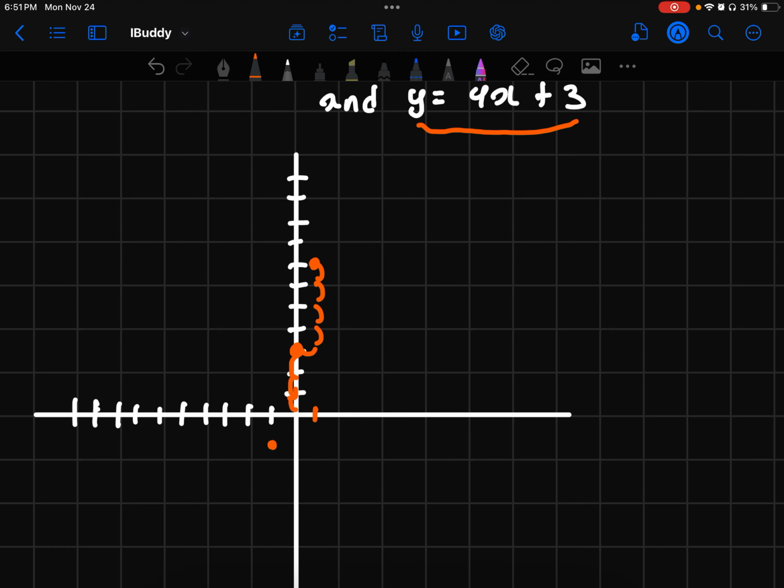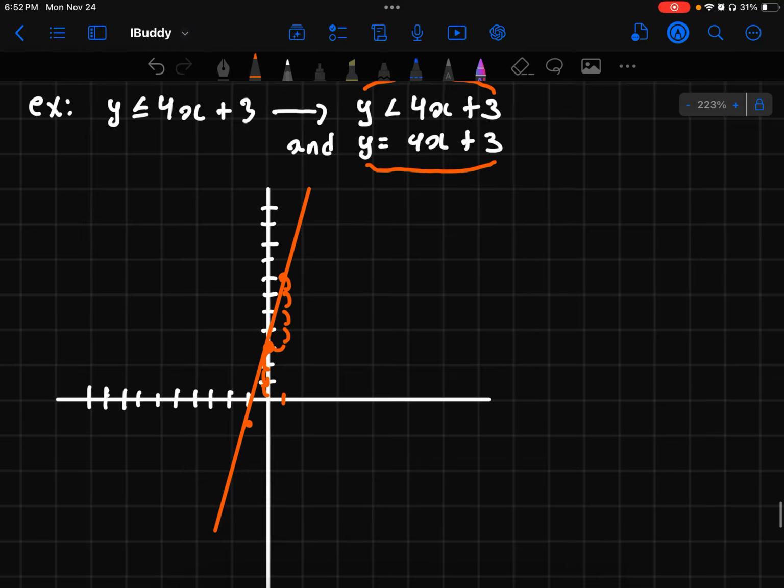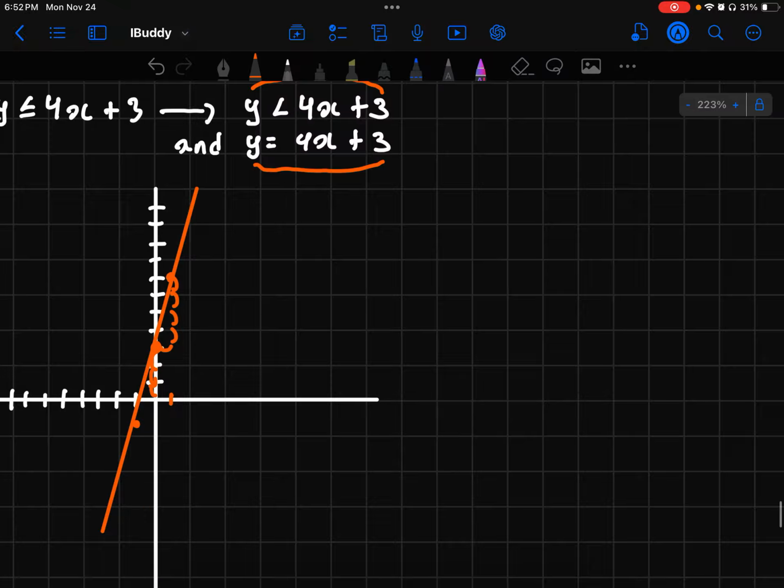So right about there. Essentially, this is our line. Let me just get it straight. This is our line, y equal to 4x plus 3.